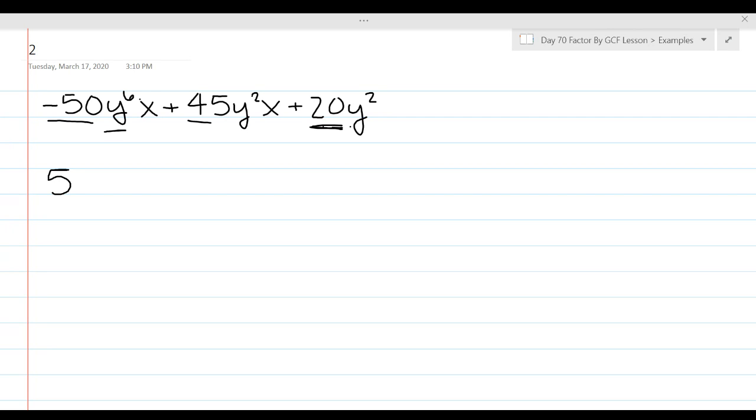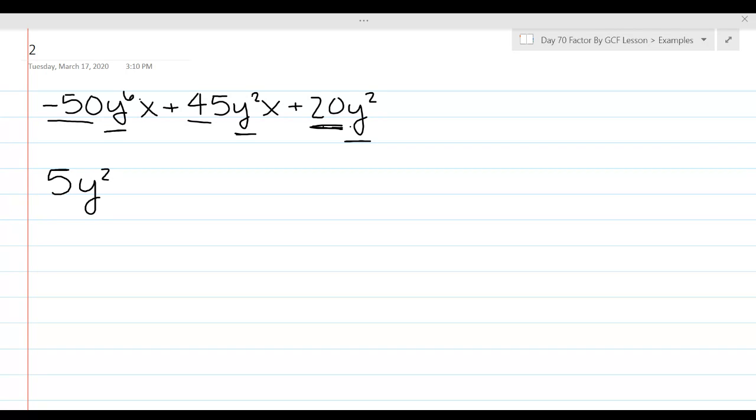So let's look at our y's first. So we have y to the 6th, y squared, and y squared. So since they all have y's, that means we can pull out some y's, and we can pull out 2, because they all have a greatest common factor of y squared.